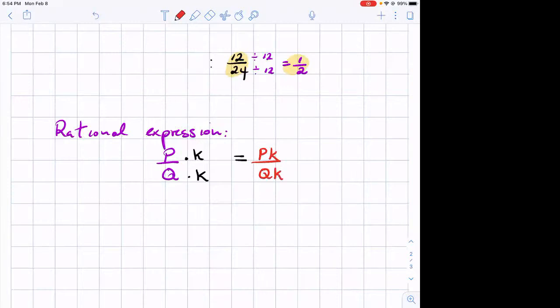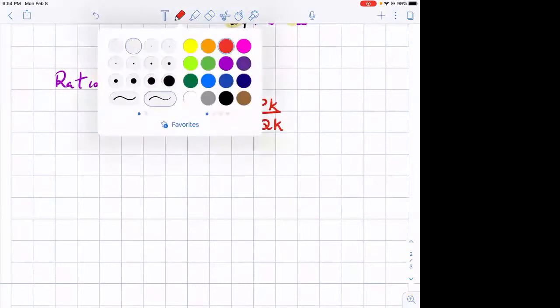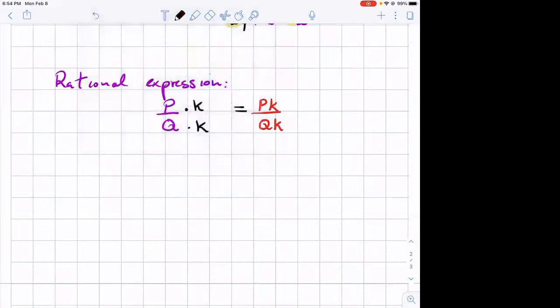The same will happen if we divide both P and Q by k. So multiplying or dividing doesn't change the expression. With this idea, we can use this property to reduce rational expressions.